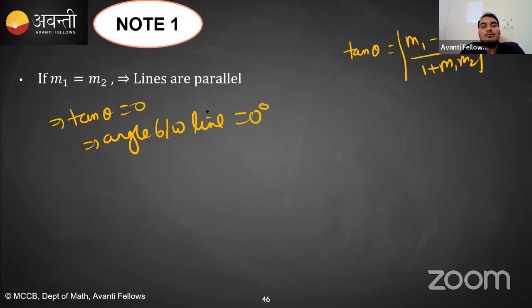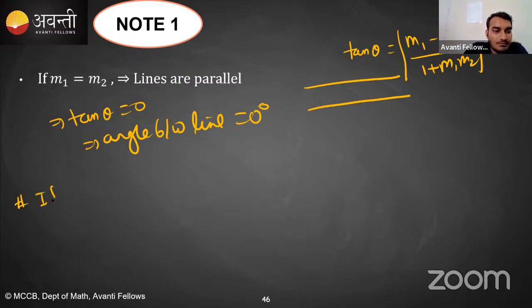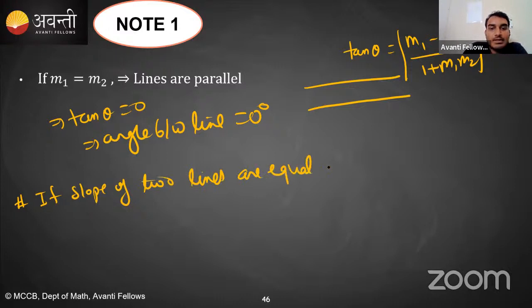So the lines will be parallel, one line like this and another line like this. Clear? If the slopes of two lines are equal, then the lines are parallel. Is this clear?